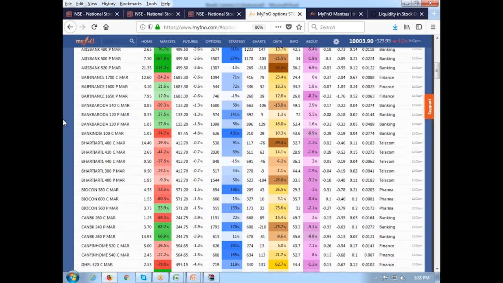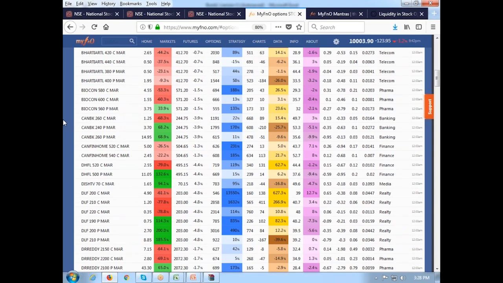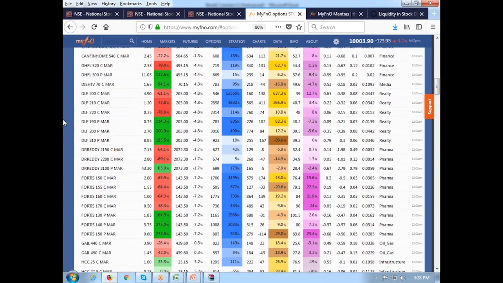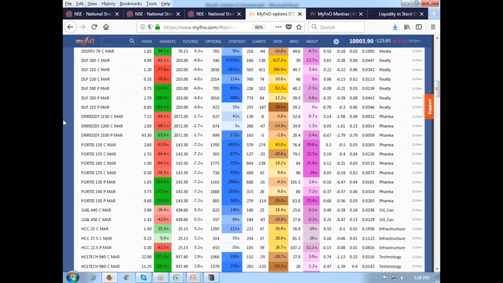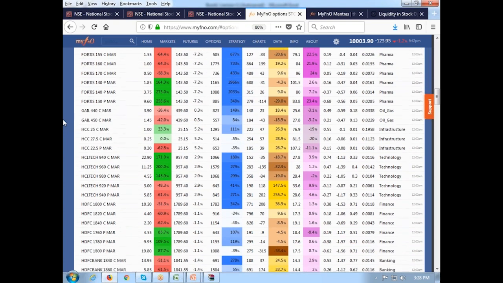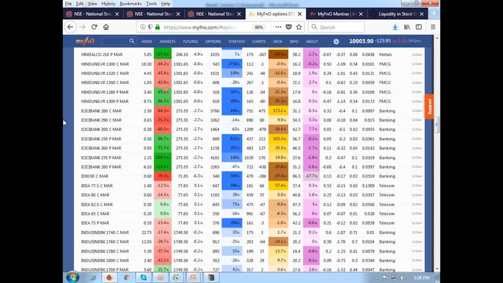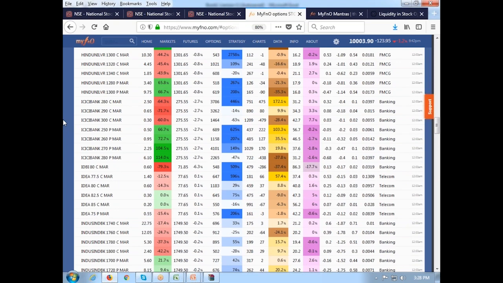You will not find Bank of India, but you will find Bank Baroda. You will not find CESC, but you will find Canara Bank. You will not find IGL, I guess. Yeah, you will not find IGL, but you will find ICICI Bank.